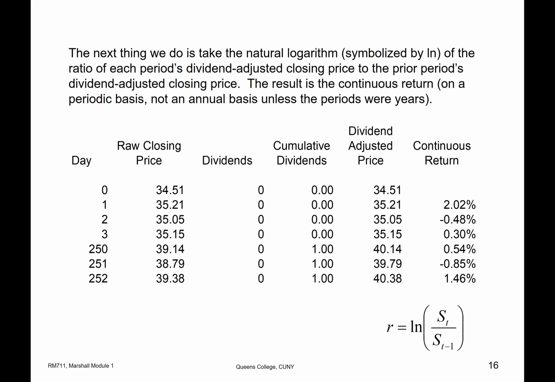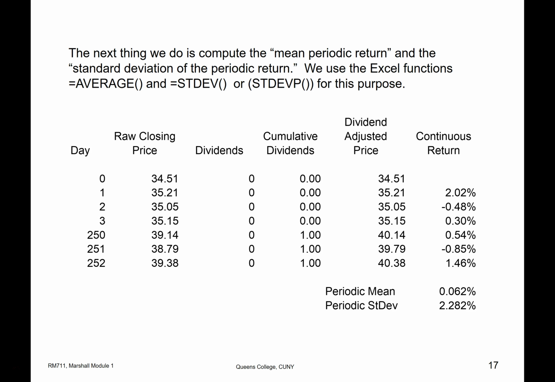Once you have those continuous returns, you can compute the mean periodic return, the average, and you can also calculate the standard deviation of the periodic return. For standard deviation, you use STDEV or STDEV.S, which is for a sample. Throughout finance you'd be looking at sample data.